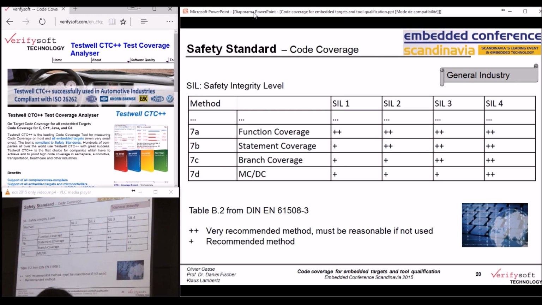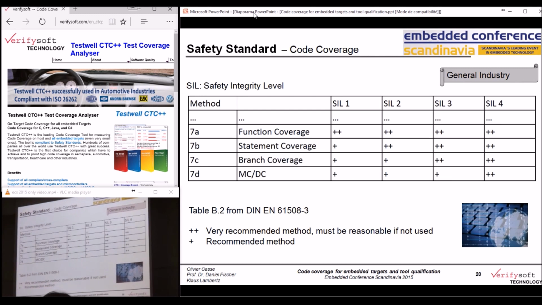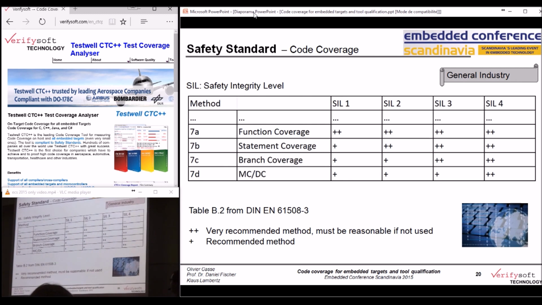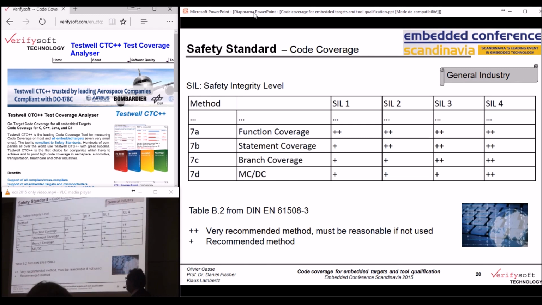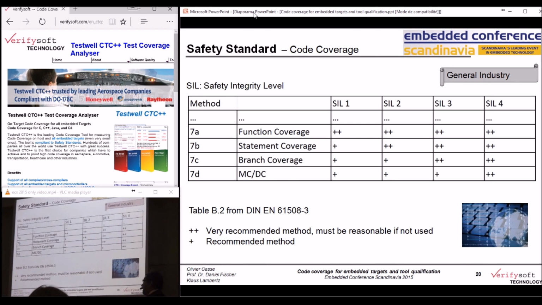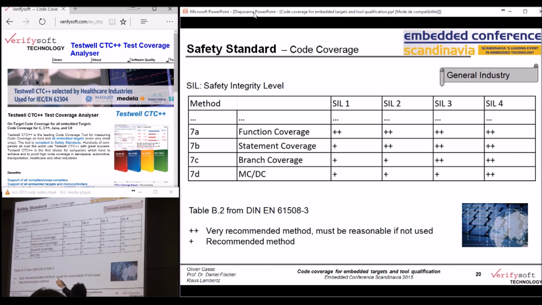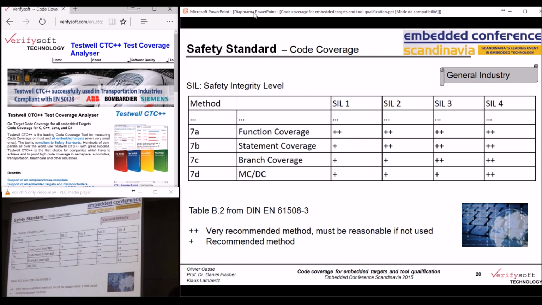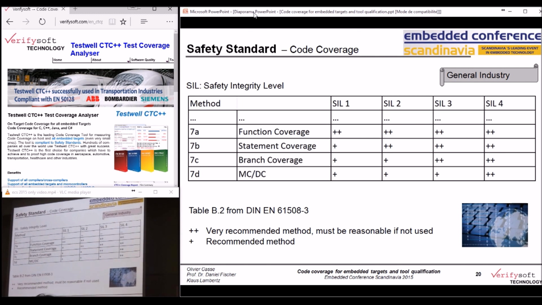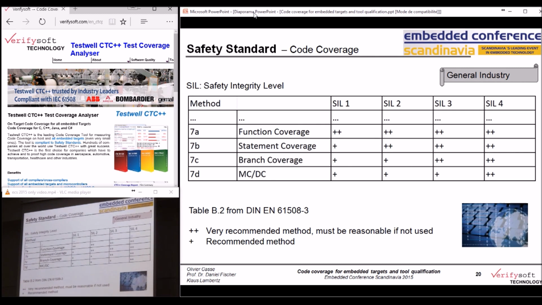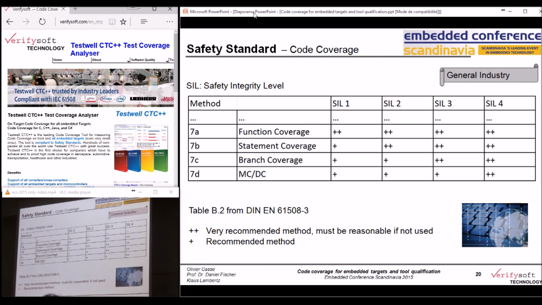Okay, so now we'll see how industries request the levels in order to achieve safety critical projects. So let's start with the mother safety standard, which is IEC 61508, and this is reused in other industries with some very tiny changes depending on the industry specificities.